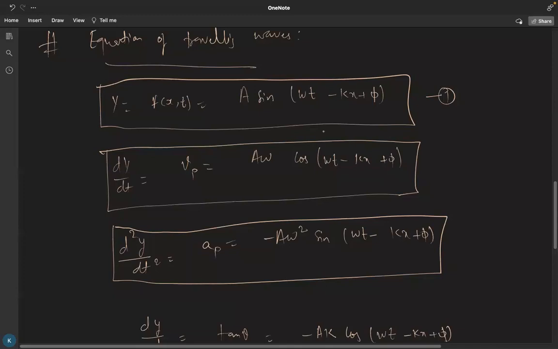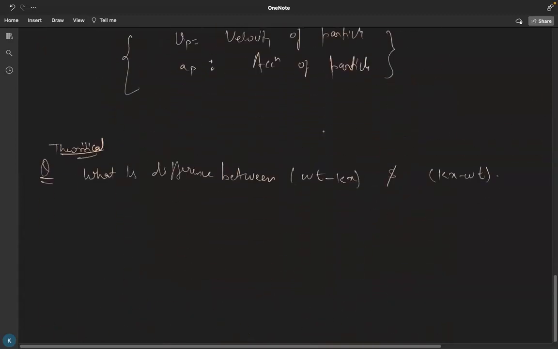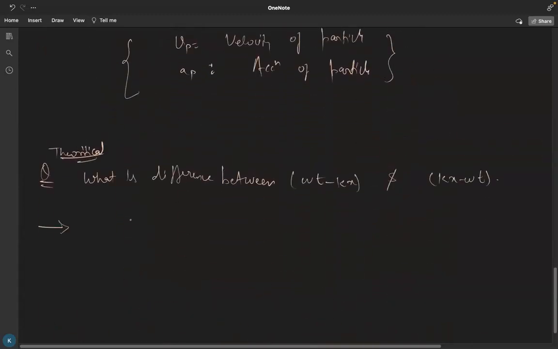So the major difference is, let's write both of the equations and try to analyze. Here we have y is equal to a sine omega t minus kx. The first thing I'm taking is omega t minus kx. When we differentiate it, our velocity of particle is a omega cos omega t minus kx.